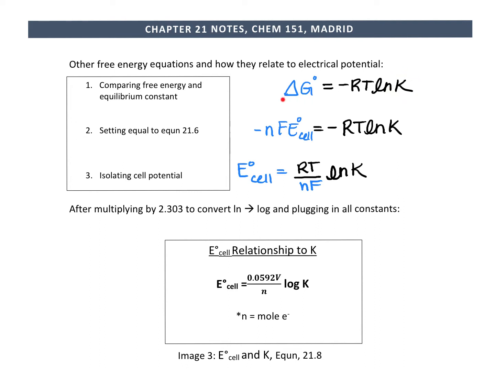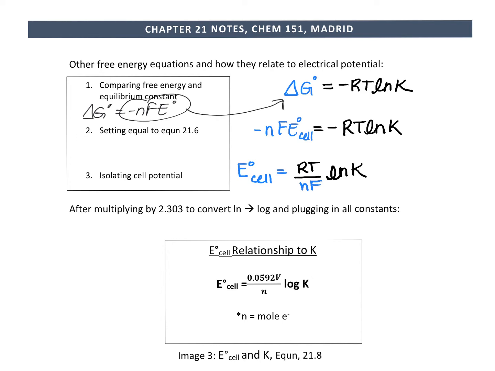Instead of keeping this delta G, I'm going to plug in my new value for delta G. That was my equation on the previous page, which as a reminder was delta G naught equals negative N F E naught. I'm plugging this in here.